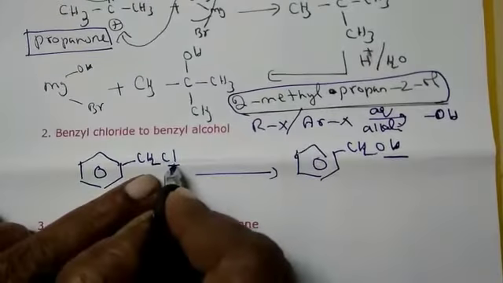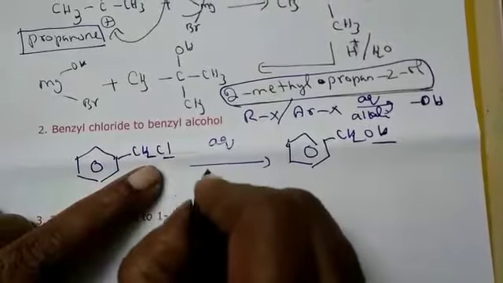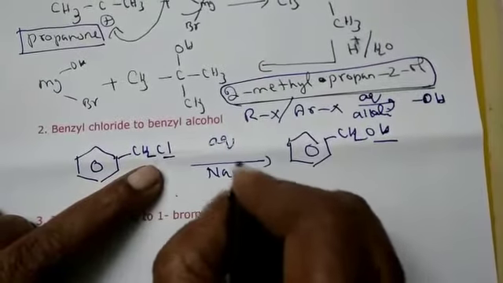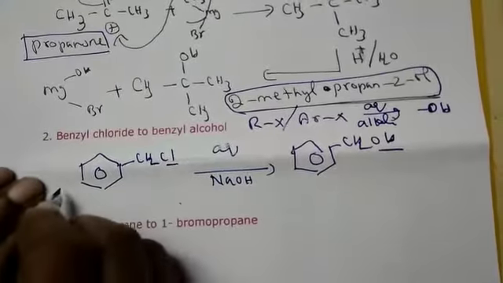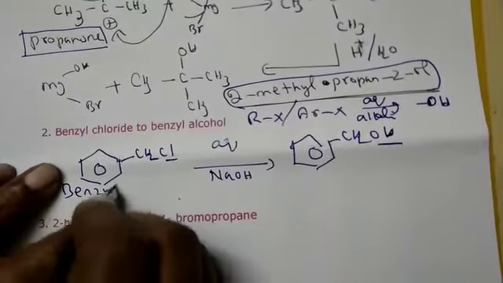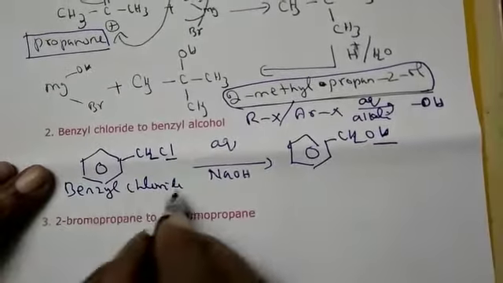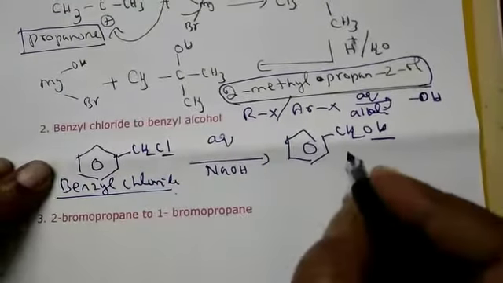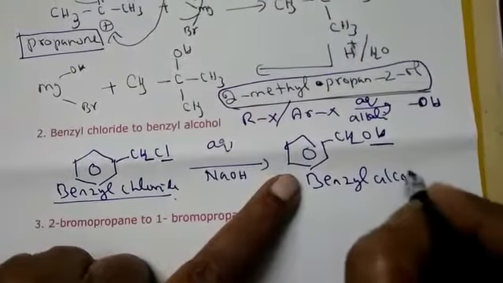Now this is an alkyl halide, so we have to do the reaction with aqueous alkali. Here aqueous alkali is NaOH. The name of the compound is benzyl chloride. Here they have written the common name, and the same name I am following, benzyl chloride to benzyl alcohol. This is a simple reaction only.